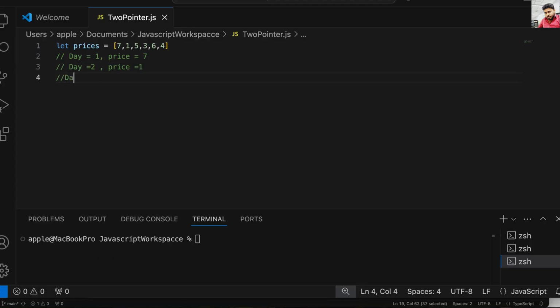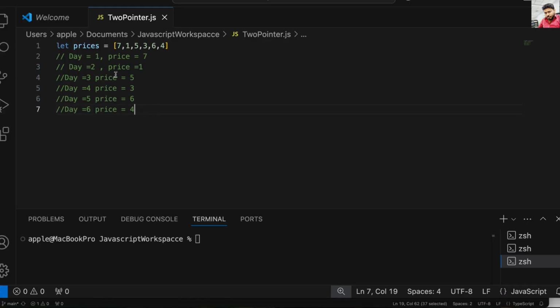For day 3 the price is equal to 5, and for day 4 it will be 3, and for day 5 it will be 6, and for day 6 it will be 4.